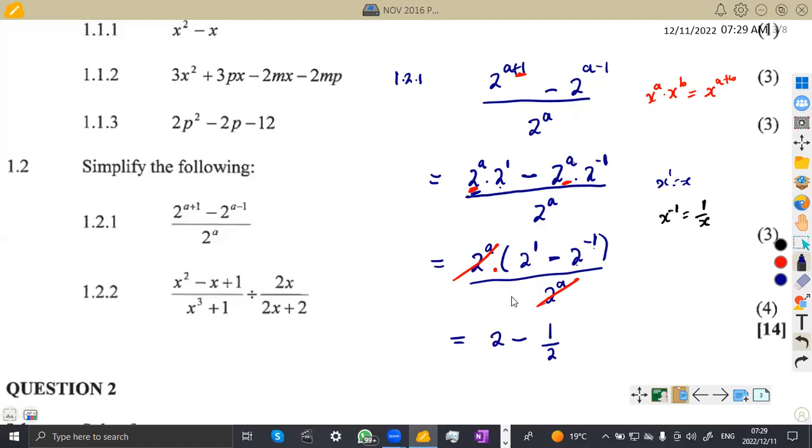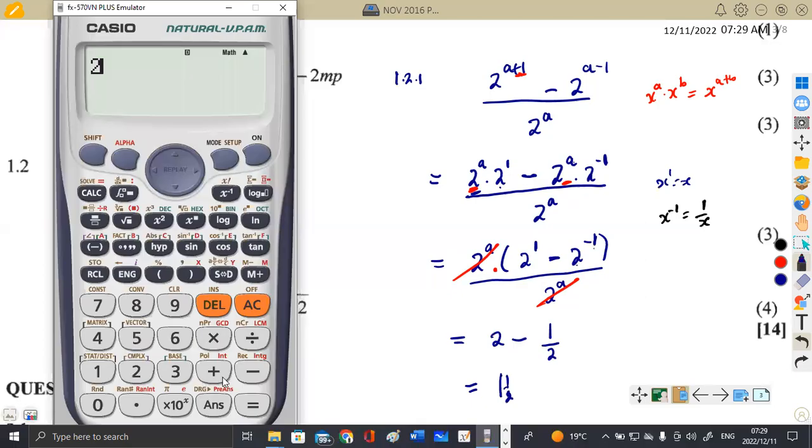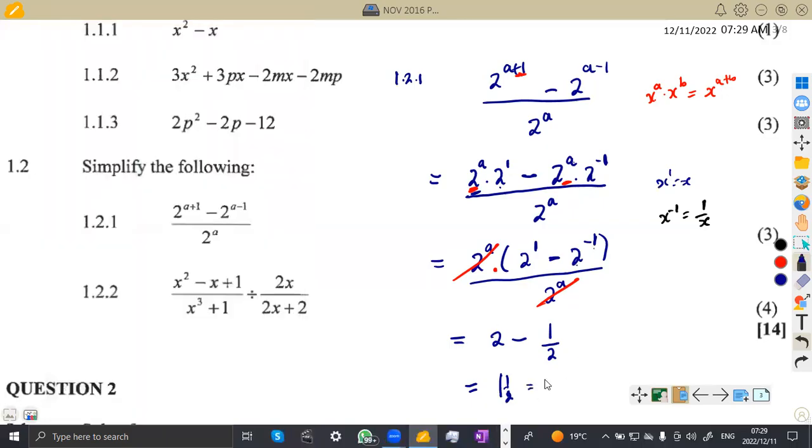So you can subtract 2 minus a half, which is the same as 1.5. That's 1.5, all right? Or which is 3 over 2. Or you can subtract directly on your calculator, 2 minus a half, which gives 3 over 2. So you can write it as 3 over 2 or 1.5. So this is what you're going to have. All right, so that was 1.2.1.